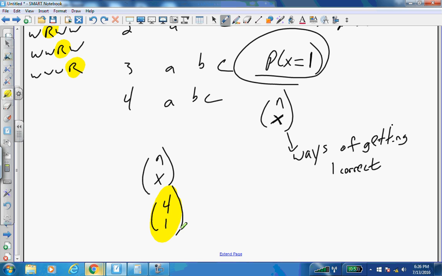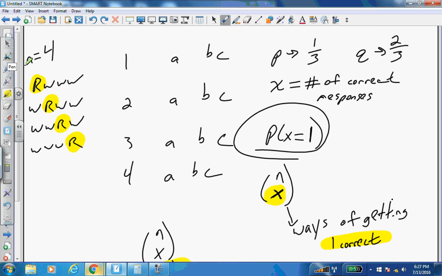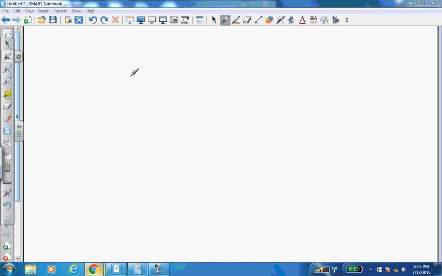That's what this piece calculates for us: the number of combinations of getting exactly one correct answer. If this was a different number, that would be the number of ways of getting that number of successes. The other part, the p to the x, q to the n minus x, that's the probability of one of those things happening.